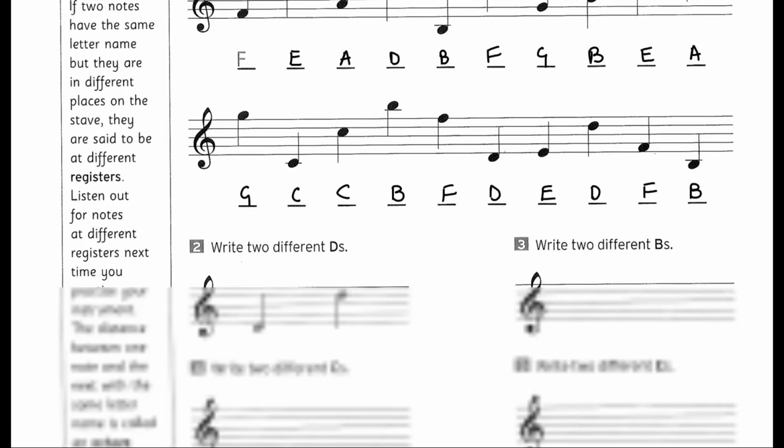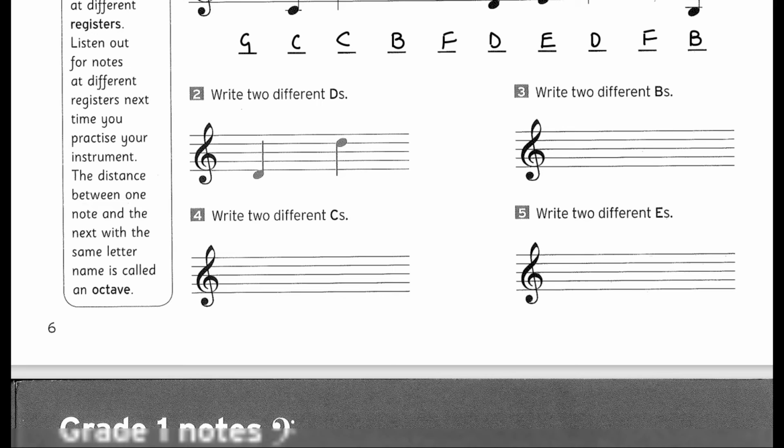Let's move ahead. We have to now write 2 Ds. They have given the example, write 2 Ds. Now we have to write 2 Bs. Let's make the first B, and then the second.